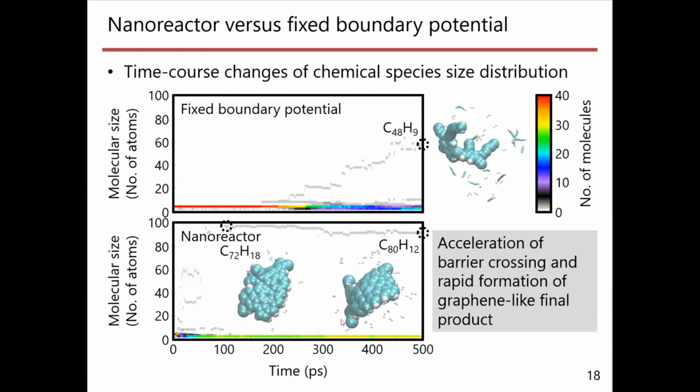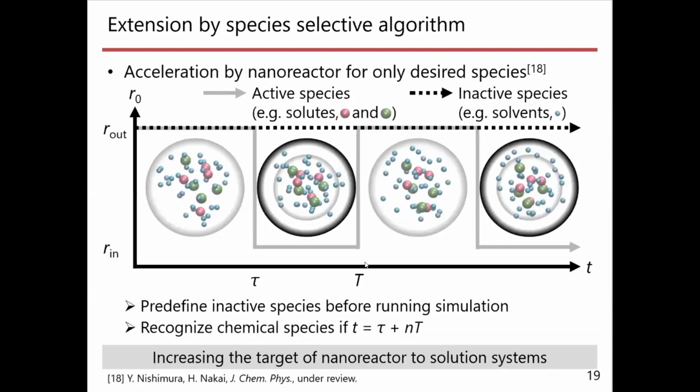In that case, reactive events scarcely occurred for the first tens of picoseconds. The right panel was performed using the nanoreactor method. In this case, we can see a number of reactions by the C2 species in the nanoreactor, resulting in a rapid growth of carbon-containing fragments shown in these movies.